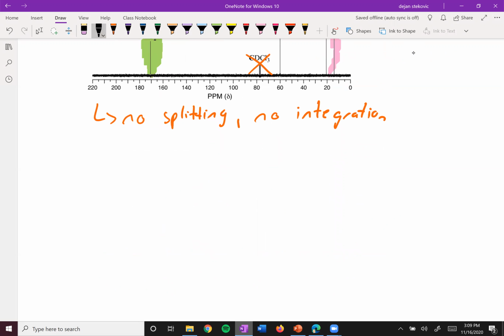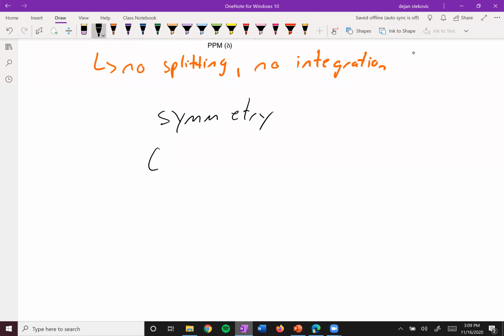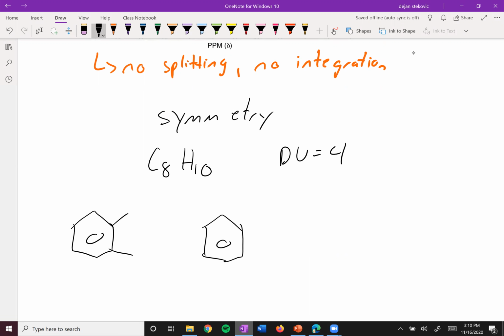One big thing that helps though is symmetry. For example, let's say you have C8H10, and so you have 4 degrees of unsaturation. You're thinking, all right, I'm probably going to have a benzene, and this is something that you'll see quite often. Specifically here, we're going to say that we have dimethylbenzene.